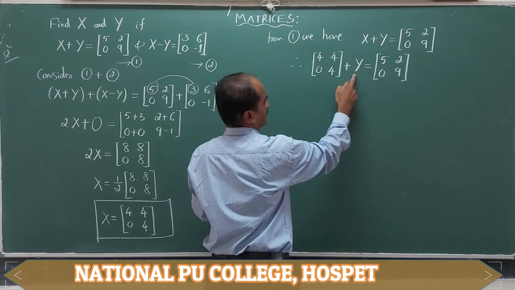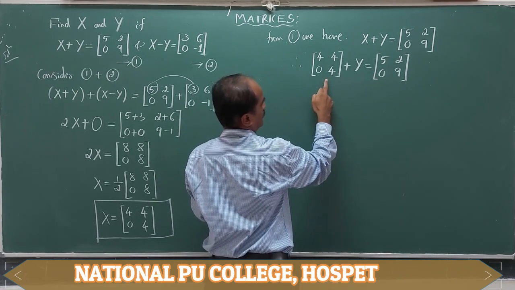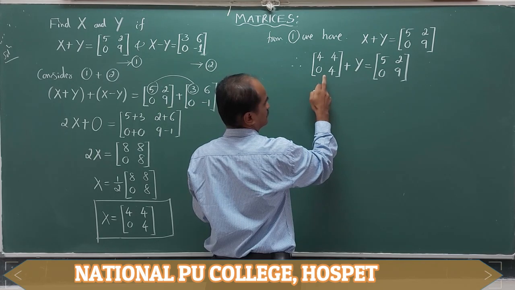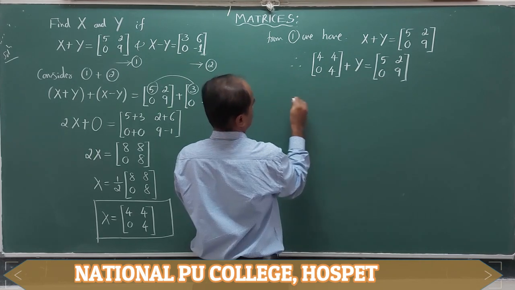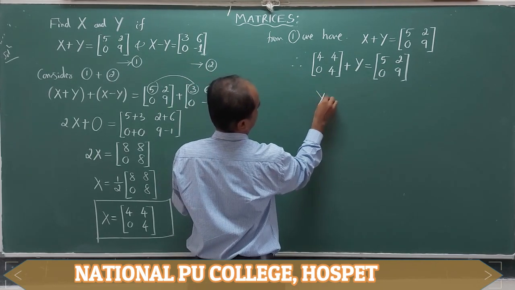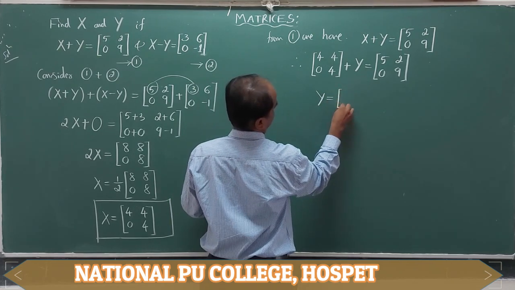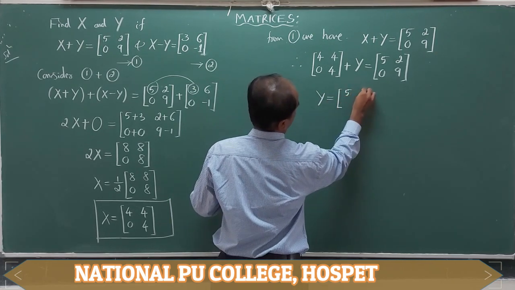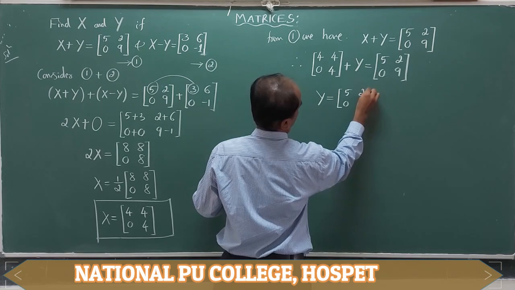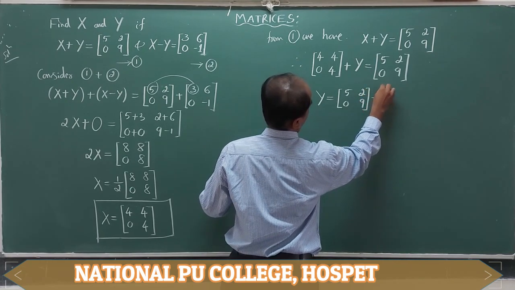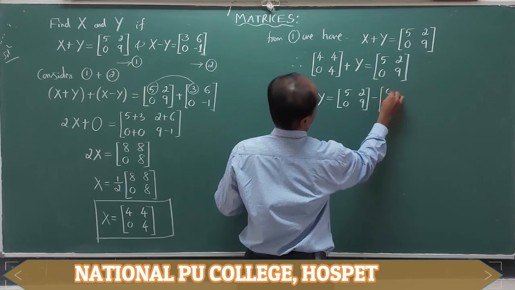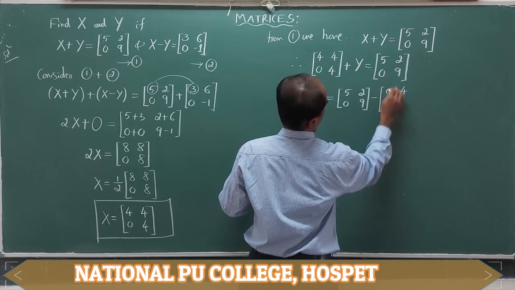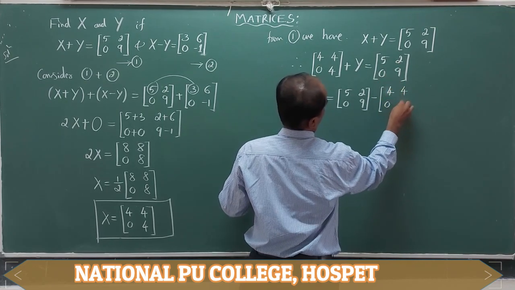I need Y, so I am subtracting this matrix on both sides. Or I can simply write Y equal to matrix 5, 2, 0, 9 minus matrix 4, 4, 0, 4.